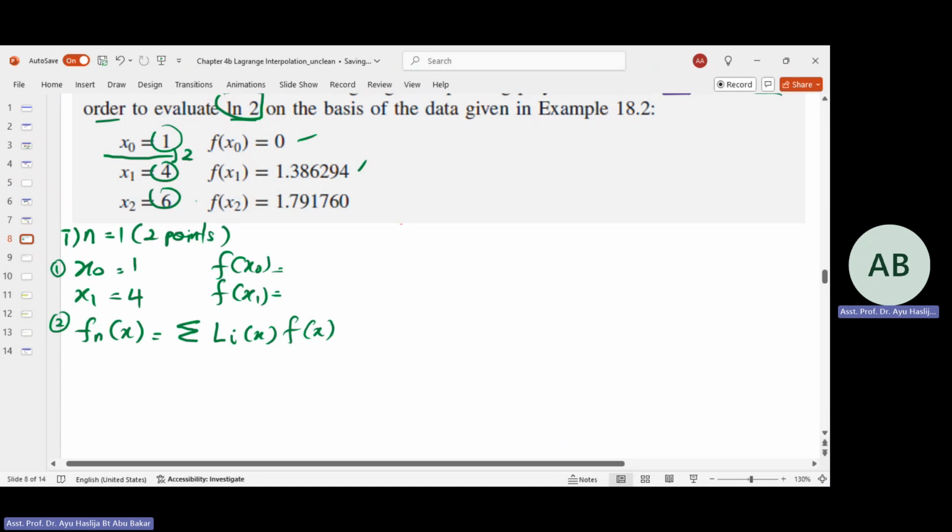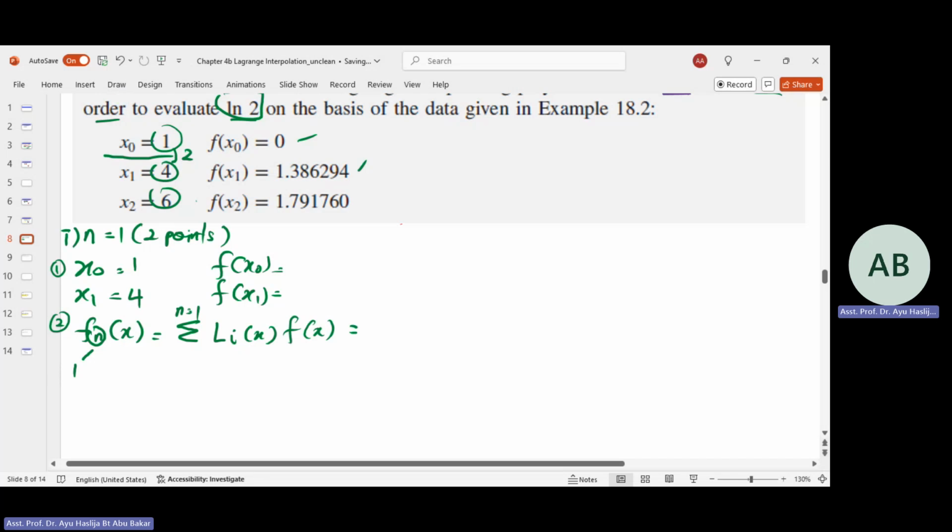That is your general function for Lagrange. Since you have n equals 1, here it should be the summation of the weighting function.